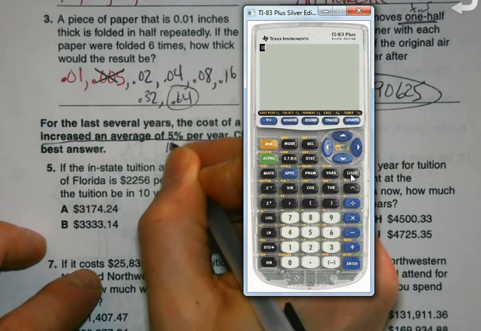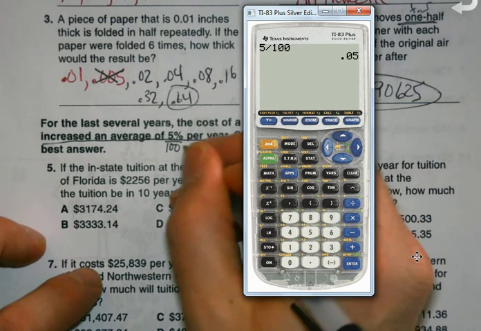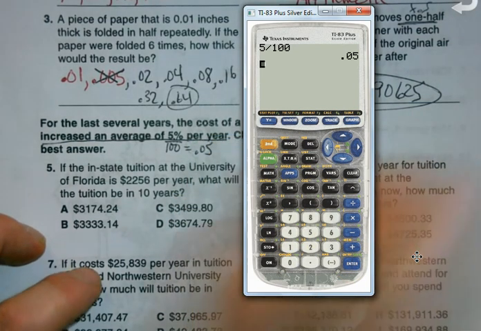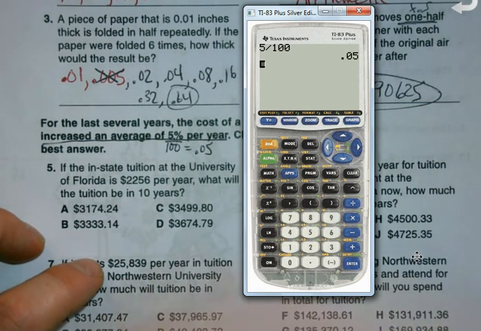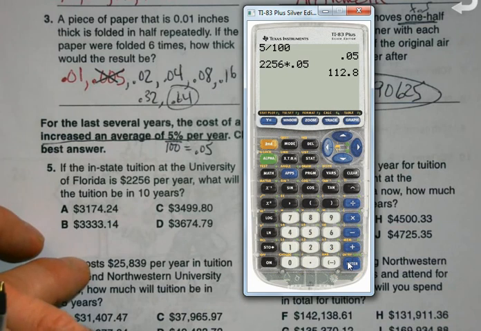So if I take the 5% and divide it by 100, okay, so that 0.05 means that's what I have to add.